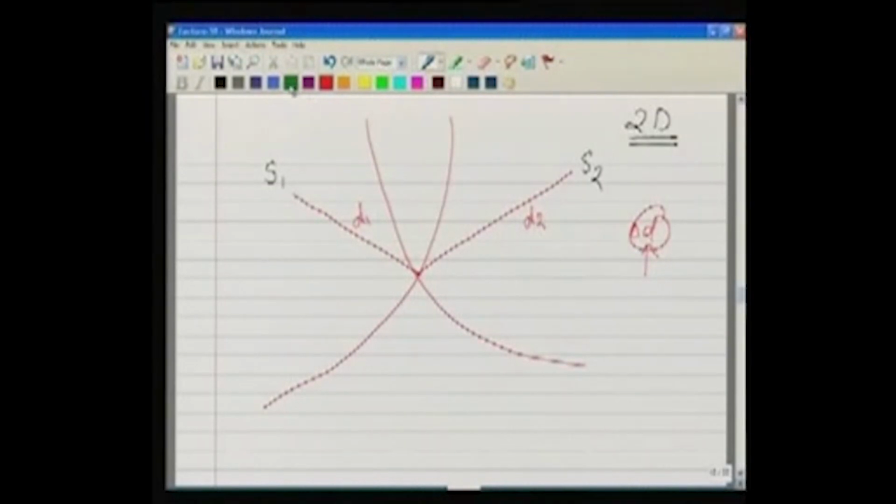What will happen because of that? Now we are measuring d1 plus delta d. Let us say delta d is positive, that means we should be somewhere along this circle, not on the earlier one, because we are measuring a distance which is d1 plus delta d.